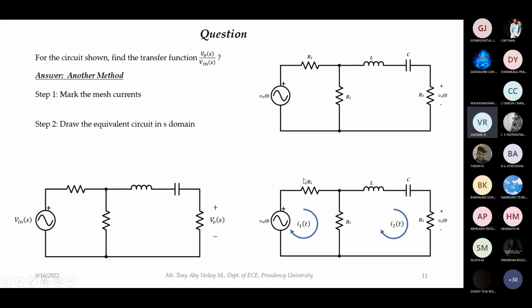R1 itself, so I will write R1 here. What will happen to R2? R2. Is it clear? Now what will happen to L? L into S, so it will become SL or LS. Clear? What will happen to C? 1 by C into S, 1 by CS. Is it clear? What will happen to I1 of t?